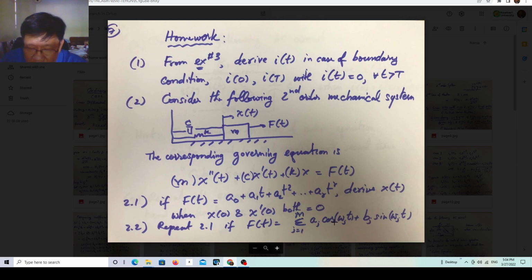It becomes a combination of several sinusoidal inputs, and a sinusoidal input in mechanics you can refer to as a vibration, a force that gives you an up and down vibrate.